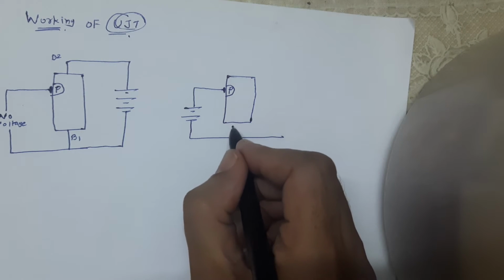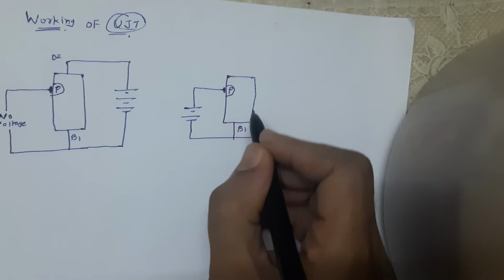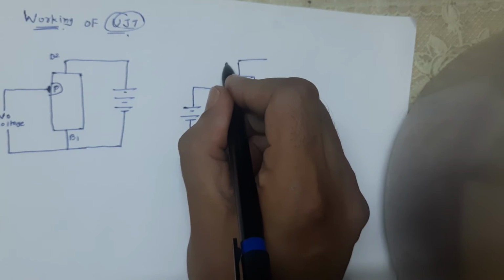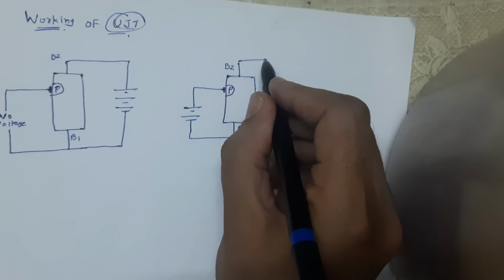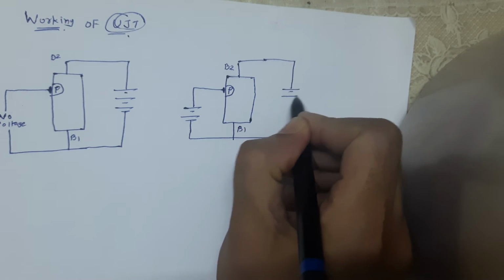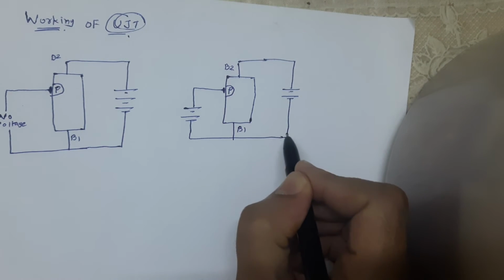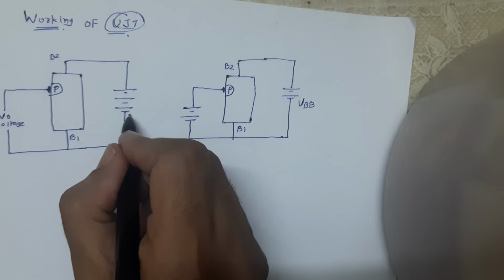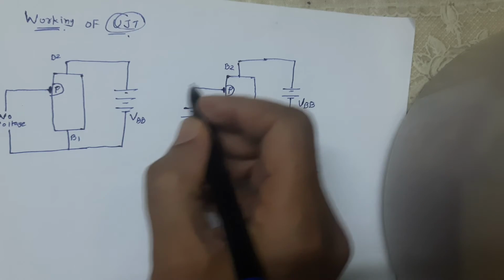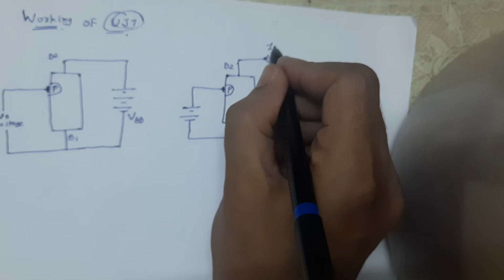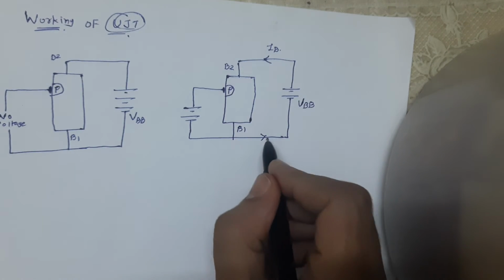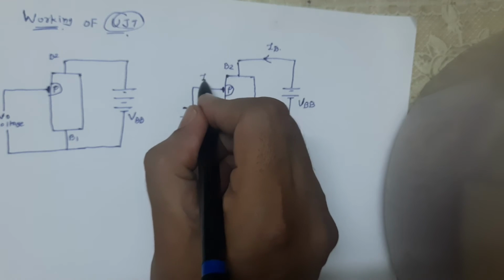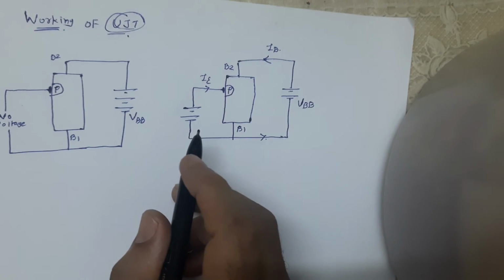This is your base 1. This is your base 2. This is your VBB. This is also VBB. Current is IB. Current is IE. What happened?